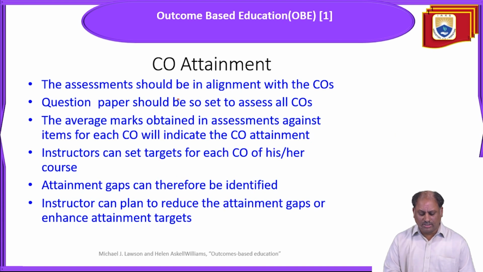So this CO attainment is in alignment with the COs. That means the question paper should be set in such a way that all COs are covered, and average marks are assessed from the obtained marks, the average marks for each CO. That is the indication, and then we calculate the CO attainment.